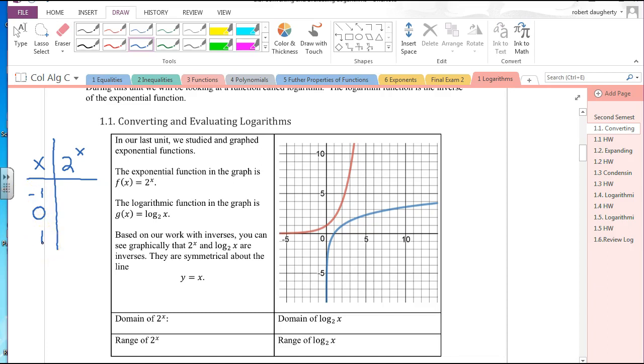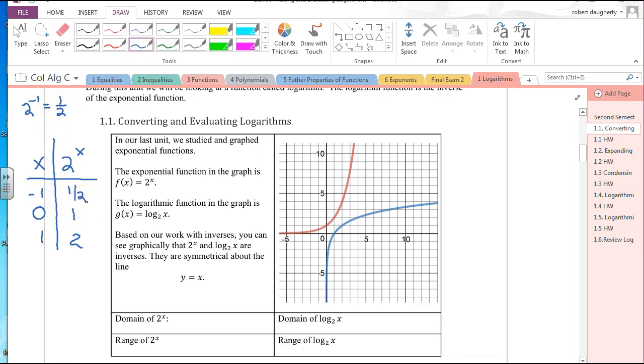What's 2 to the 0? 1. What's 2 to the 1? 2. What's 2 to the negative 1? Let's pretend like we had a final, and this would have been on it last week. 2 to the negative 1 is 1/2.